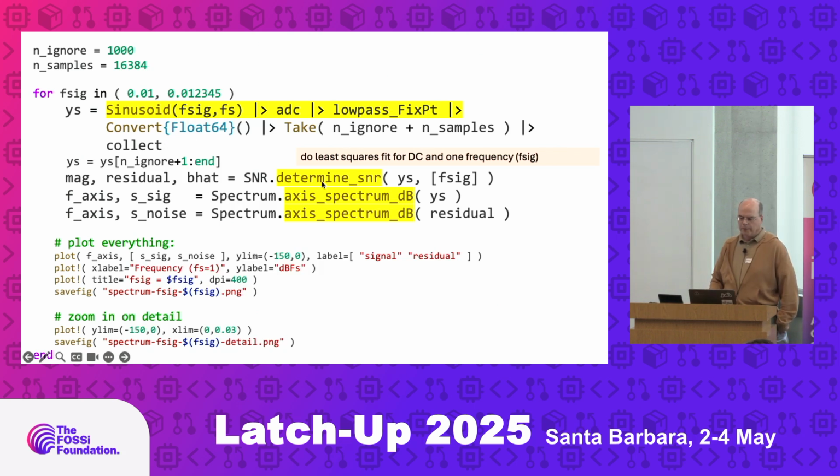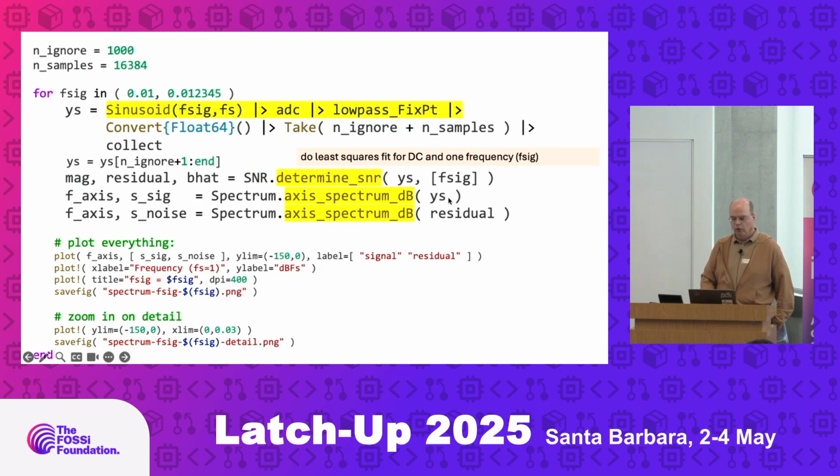Run the least squares algorithm, looking for a particular frequency, the input signal frequency, and this will return the magnitude of the DC component and the magnitude of that signal frequency. It will then subtract off an ideal floating point sine wave from the noisy output of the filter to give you a residual signal.